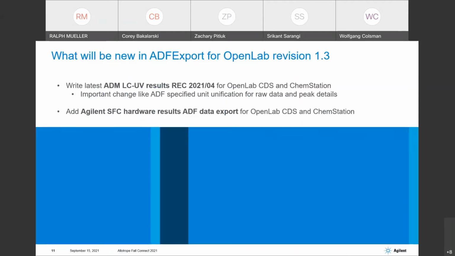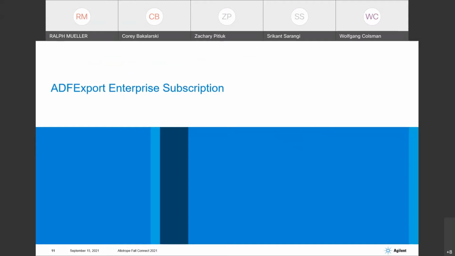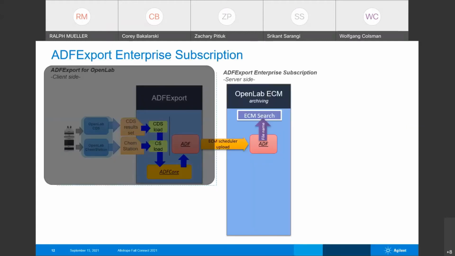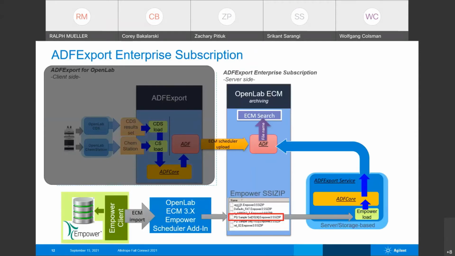Coming to the ADF Export Enterprise subscription, the second release we plan to achieve with ADF 1.3 in some weeks from now. I have grayed out the part of the client side to make it more clear. You see the ADF Export Enterprise subscription on the server side, and what we are now doing is that we lift what we are doing with third party.